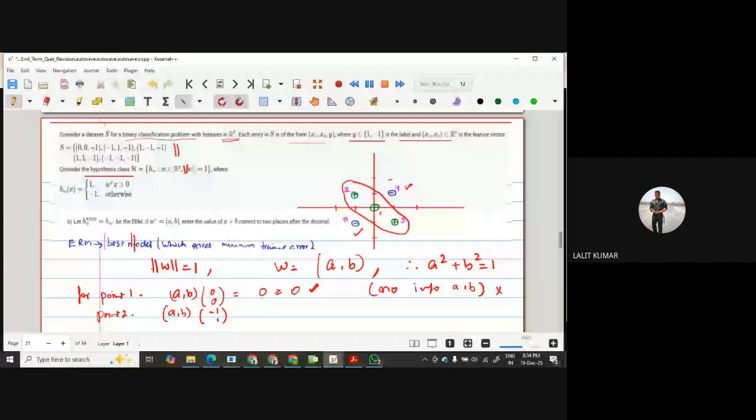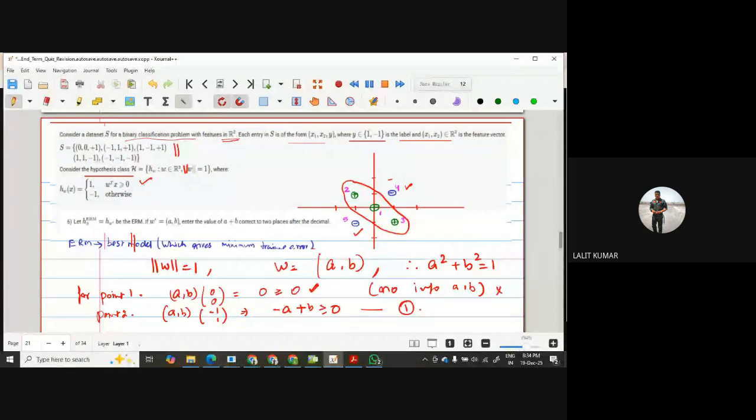Okay. Now we come to point 2. Here point 2 is what? Point 2 is minus 1, 1. So this will become minus A plus B should be greater than or equal to 0. This is number 1.